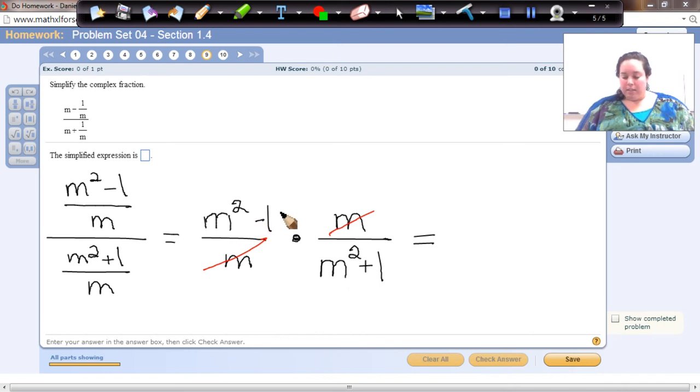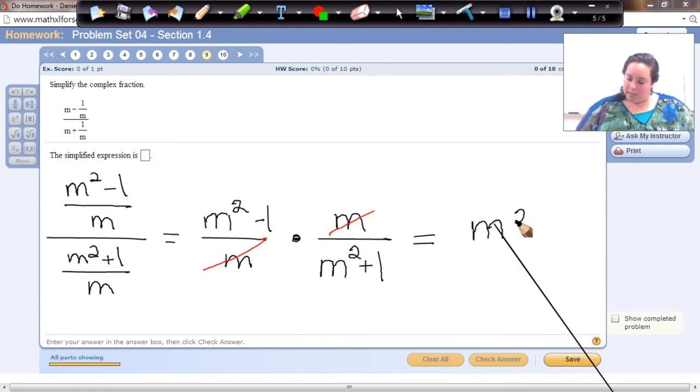But can the numerator be factored? Yes, it's a difference of squares. So we could factor this if we wanted, but since we know it's not going to cancel with anything in the denominator, we'll go ahead and just leave it alone. M squared minus 1 over m squared plus 1.